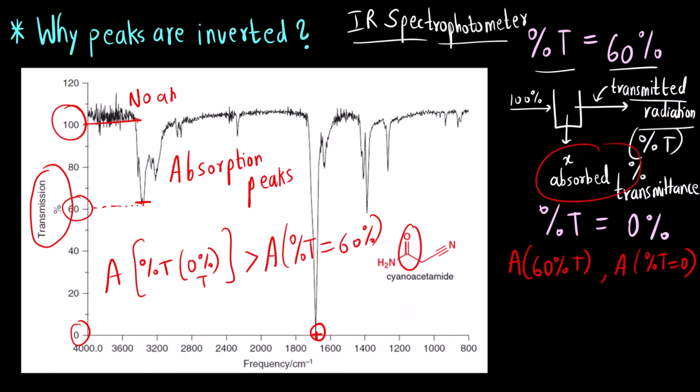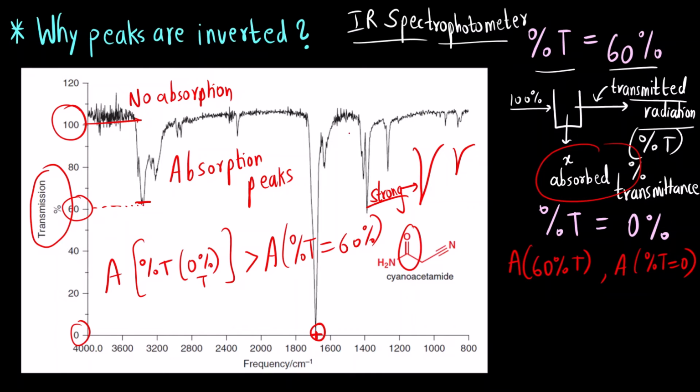When we see the inverted peaks, some absorption is taking place. The deeper the peak, the stronger the transition. And what this intensity depends on, we will see now.